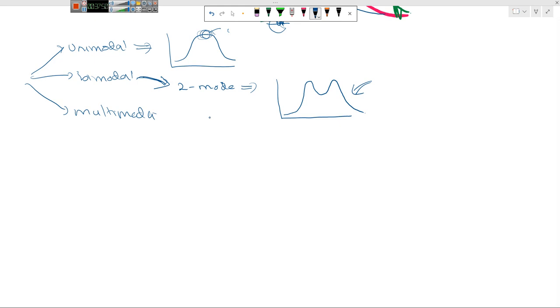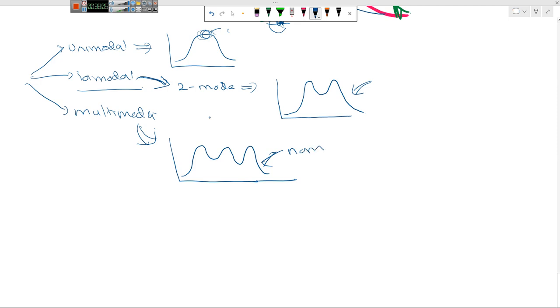So we cannot apply parametric methods for a bimodal distribution. Multimodal means we have more than two modes. Let's say we have three modes, so it will be something like this. It is not a normal distribution, so we cannot apply parametric methods for these types of distributions or data sets.